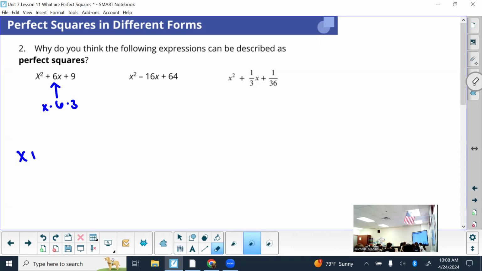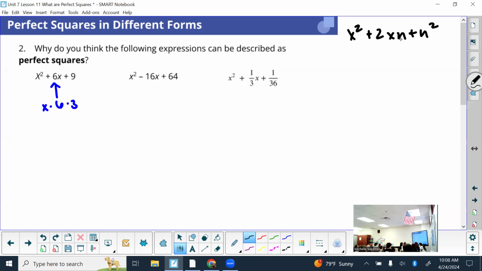Oh, okay. So I think she's going off of what we learned from the last activity, which is that perfect square trinomials go in this format. And I reversed the n and the x right here, but same difference. So if this is a perfect square trinomial, you have a perfect square here, which it is, a perfect square there, which it is.